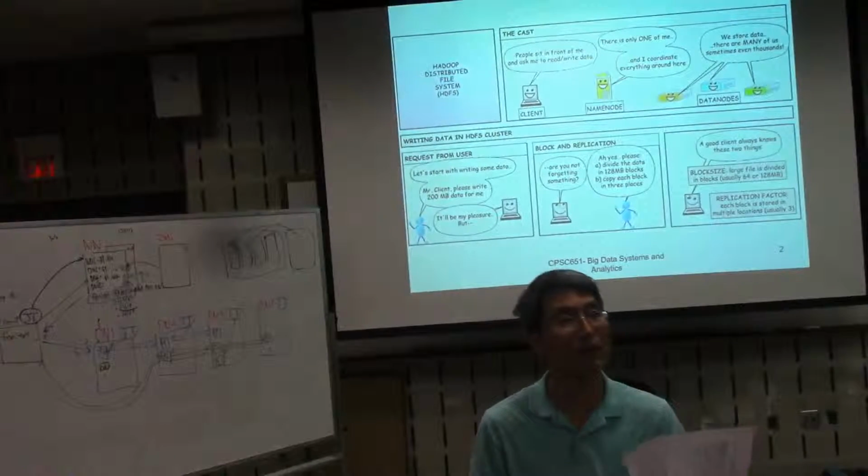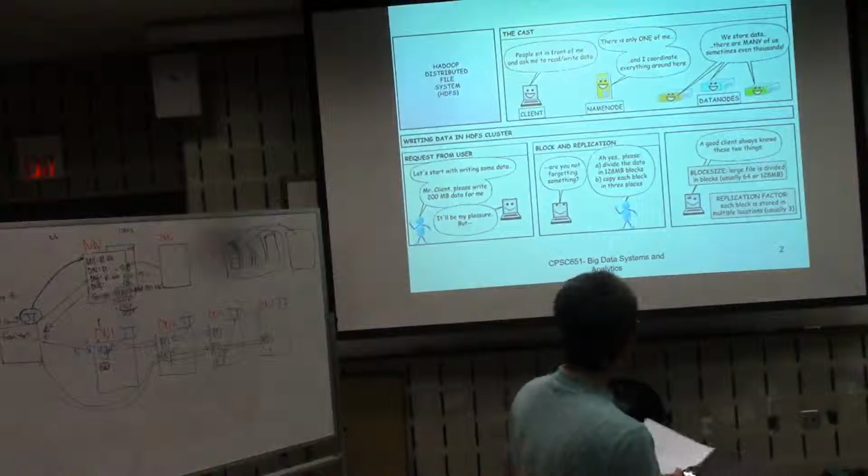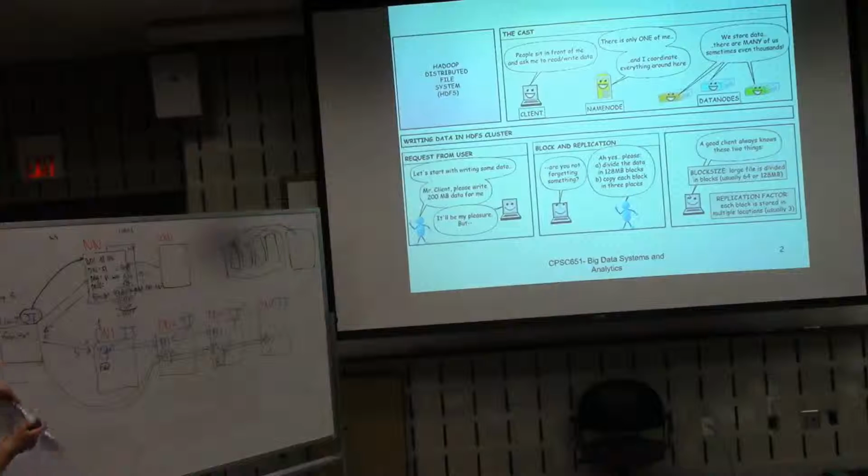It explains many of the components and the functionality used in the Hadoop system. I don't think we have time to look at the details, but roughly I'm going to explain. So this is a client. The client is what color? It's purple. Yellow is the name node, and the other colors represent the data nodes.